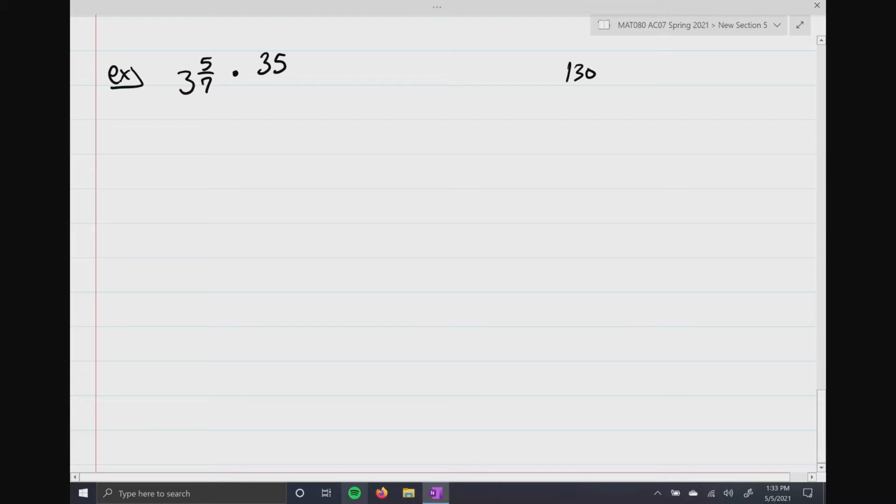So I need to take this mixed fraction right here and convert it into an improper fraction first. So off to the right, remember, it's going to be the whole number times the denominator plus the numerator, all divided by the original denominator. So 3 times 7 is 21, plus 5 is 26 over 7.